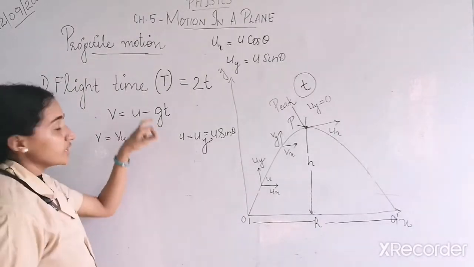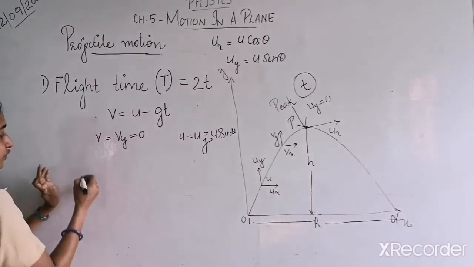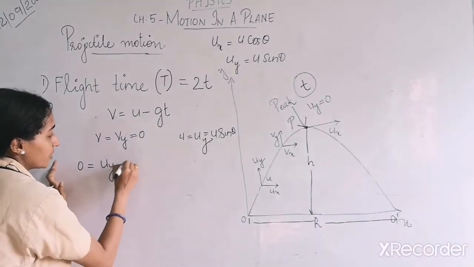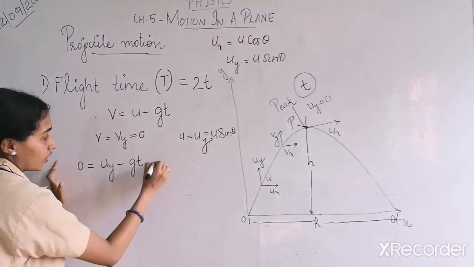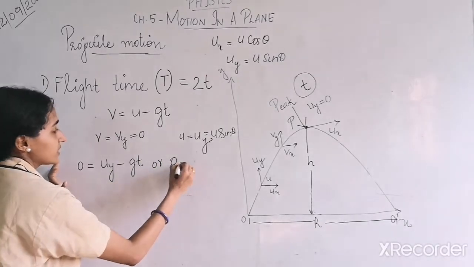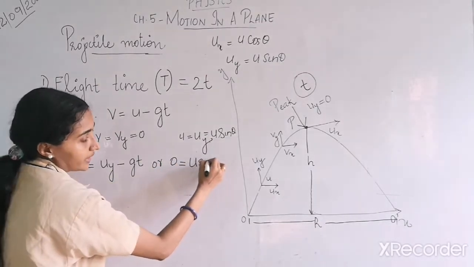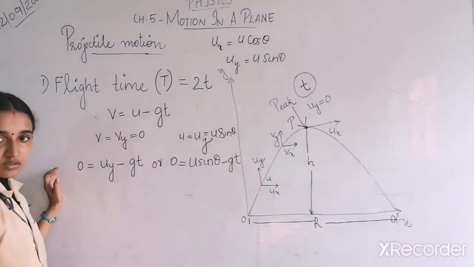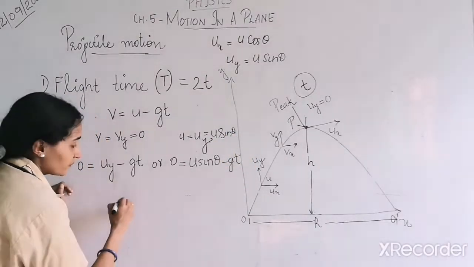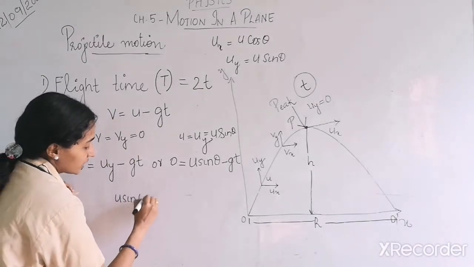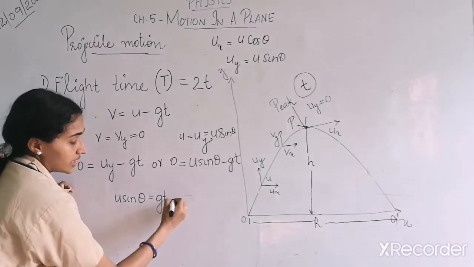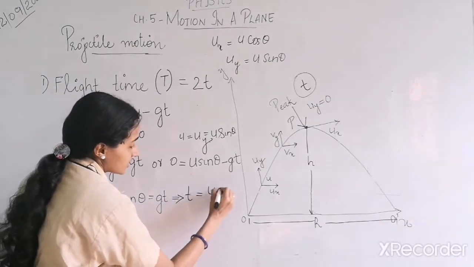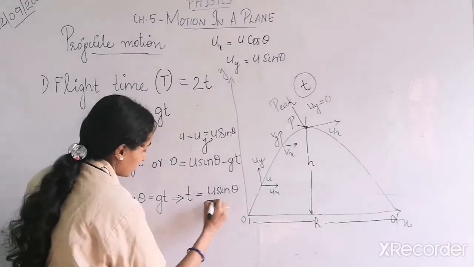Now putting these two conditions in this equation, instead of v it is 0, u it is uy minus gt, or 0 is equal to u sin theta minus gt. Isn't it? Or you can write u sin theta is equal to gt, which implies t is equal to u sin theta upon g.